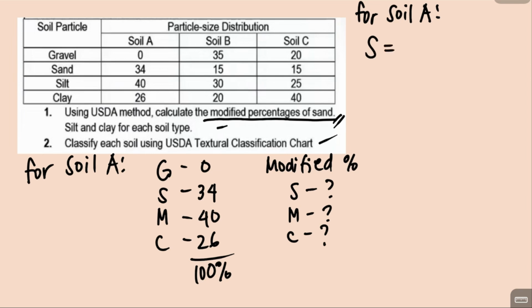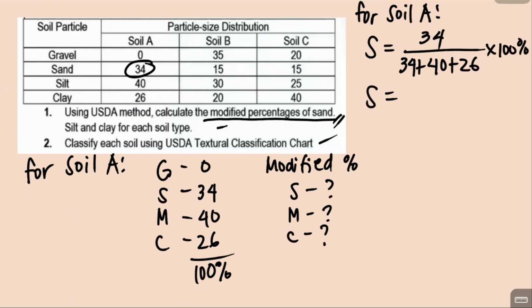To prove that the percentages of sand, silt, and clay are already modified, let us try 34 over 34% plus 40% plus 26% times 100%.